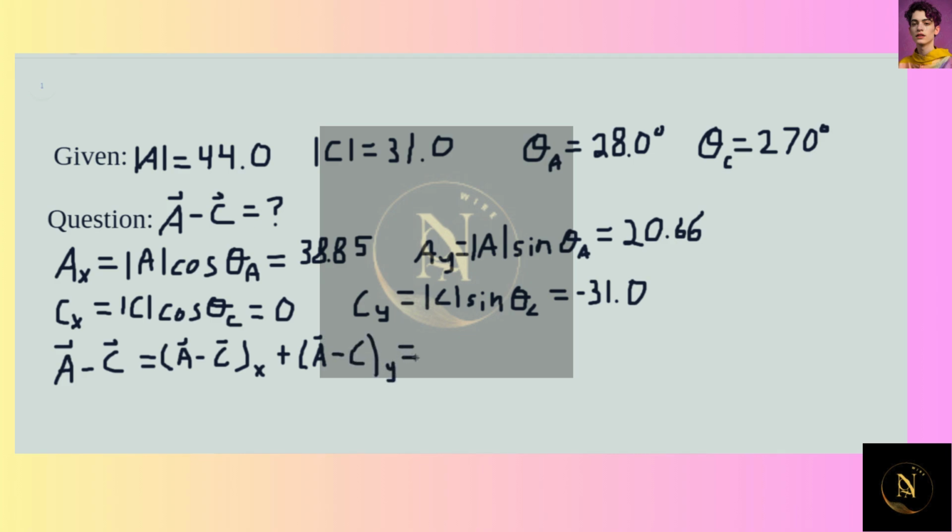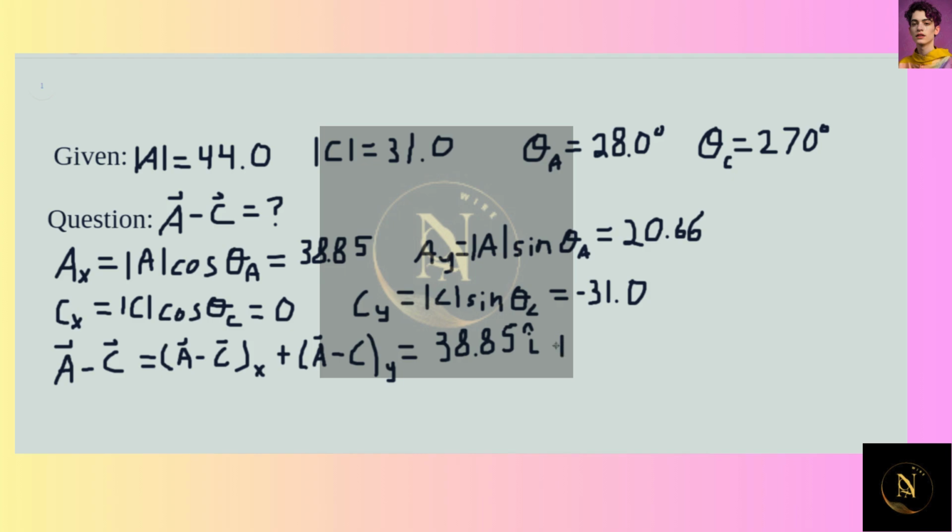Okay. Well, the x components would be 38.85 for A sub x, and then it's going to be minus C sub x, which is 0. So it's just going to be 38.85. And that's in the x direction, which is denoted as i hat.